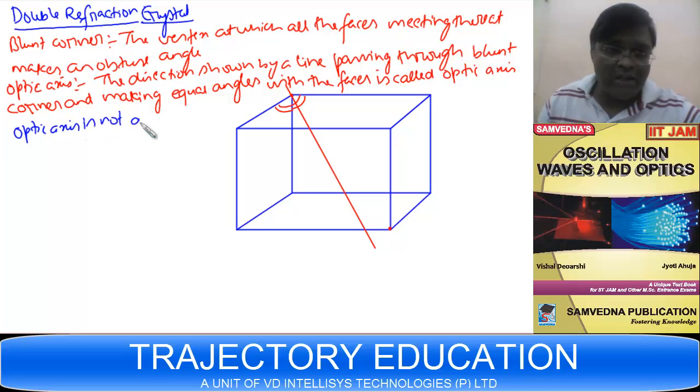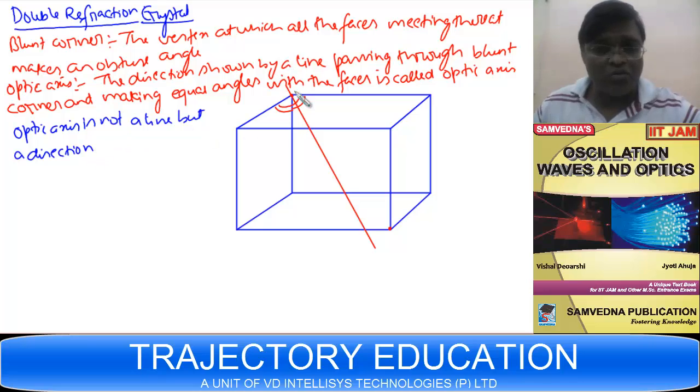The direction shown by a line passing through the blunt corner and making equal angle with the faces is called the optic axis.